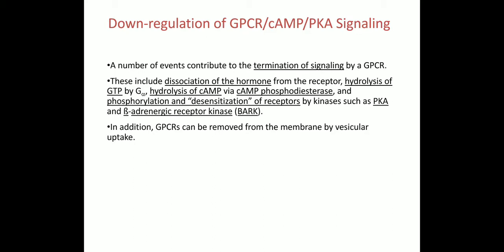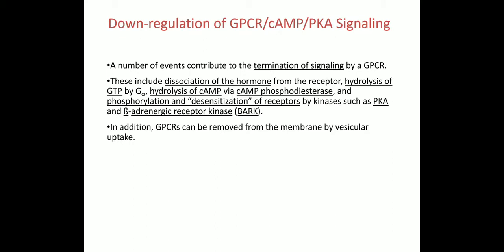Then downregulation of GPCR, cyclic AMP or PKA signaling. There are a number of events which contribute to the termination, that is the end of the signaling by these G protein coupled receptors.